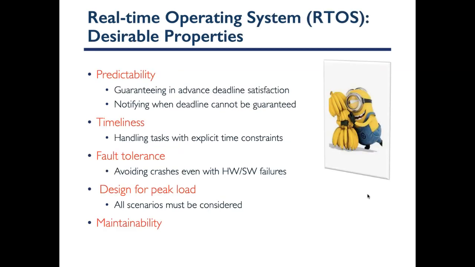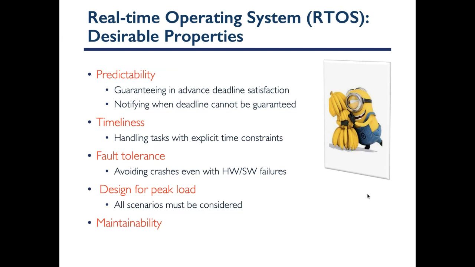Now, what are the desirable properties of a real-time operating system? We start with predictability. So we want to make sure that we can meet all the deadlines. We want proofs and guarantees that as long as they meet some criteria, then we can definitely meet the deadlines.